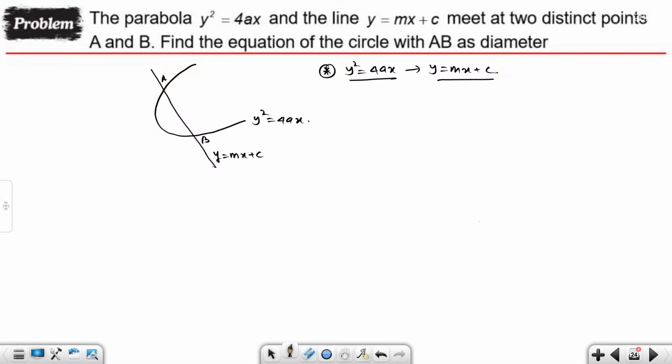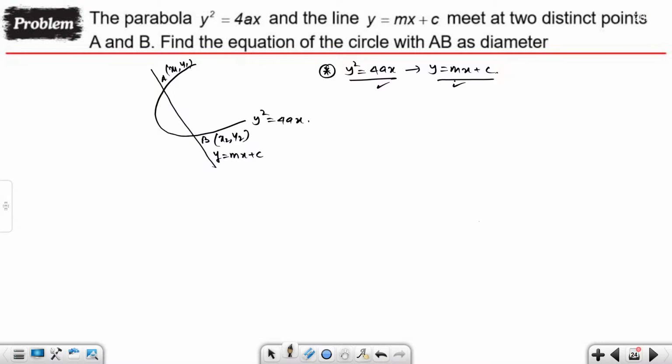That is why I told you to remember what I am saying. Whenever there are two points and you take that line as your diameter, you simply form an equation. Let us say that A is x1, y1 and B is x2, y2, the extremities of the diameter. If you solve the equation for x, you are going to have two values of x, one is x1, another will be x2.